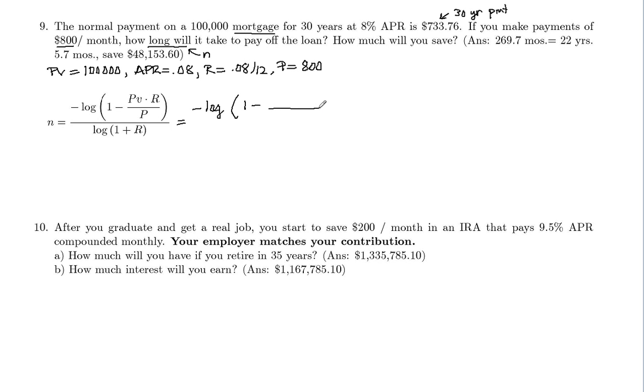Up on top we've got PV, our loan amount, 100,000, times R, which is 0.08 divided by 12. Downstairs we've got P, the payment of 800. And at the bottom, we've got log of 1 plus R, with R being 0.08 divided by 12.